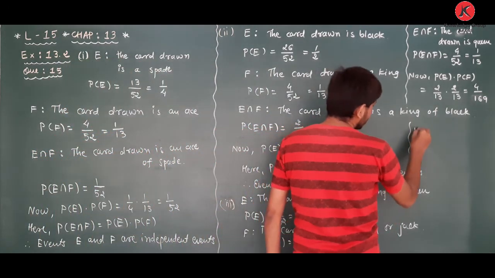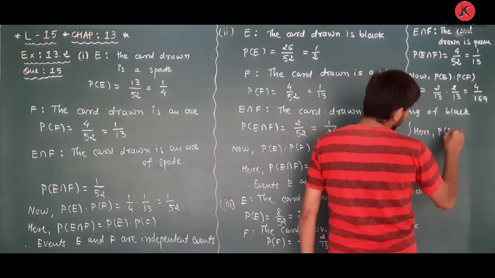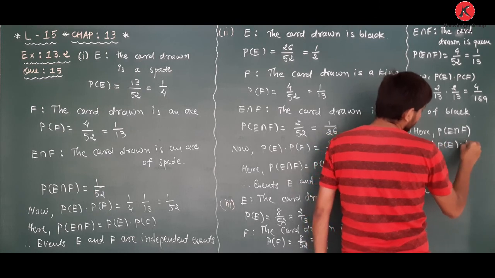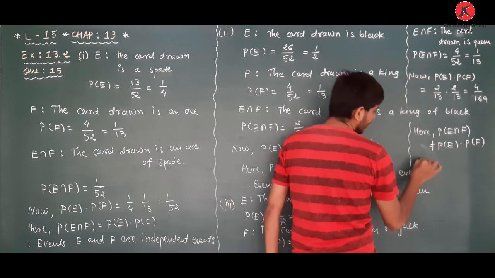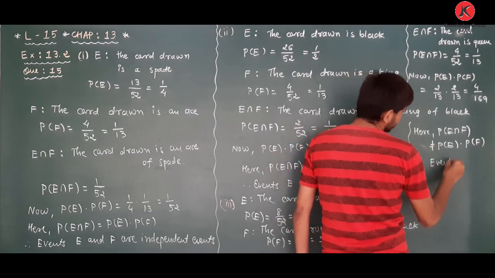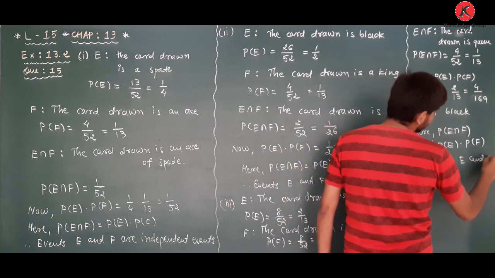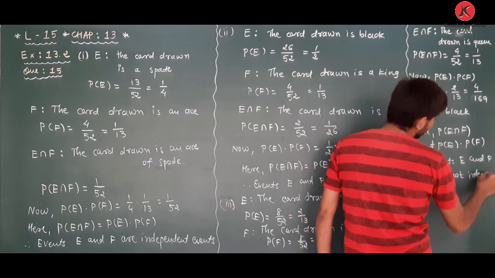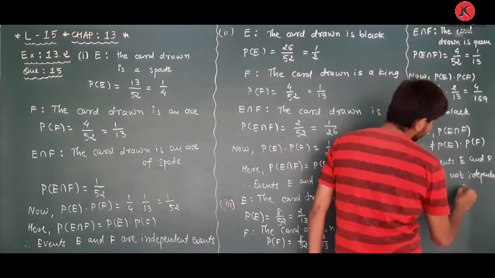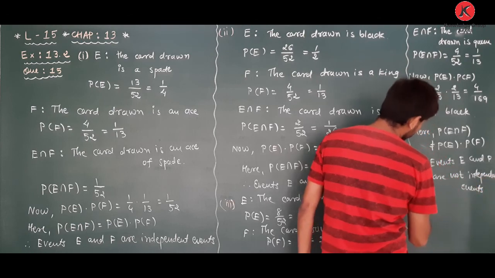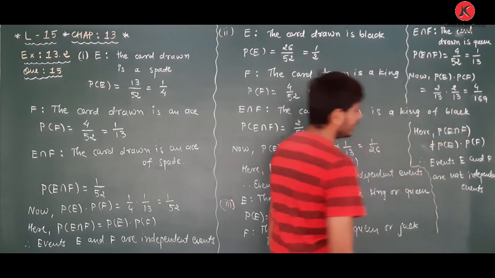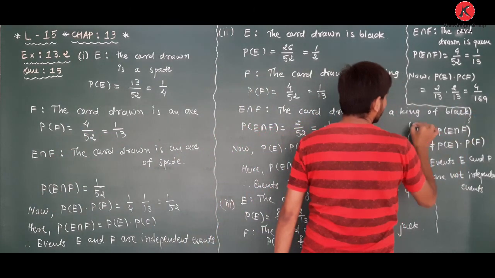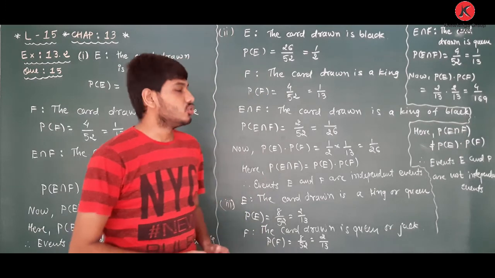Therefore the probability of E intersection F is not equal to probability of E into probability of F. Therefore events E and F are not independent events, so we can also say that they are dependent events. It is clear, so this is how you can attempt this question. It is very easy.